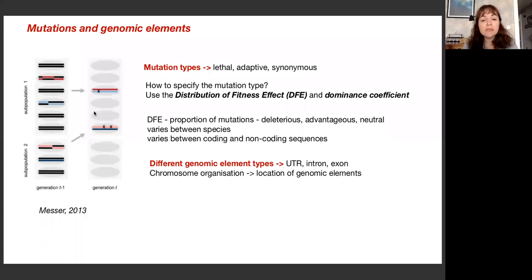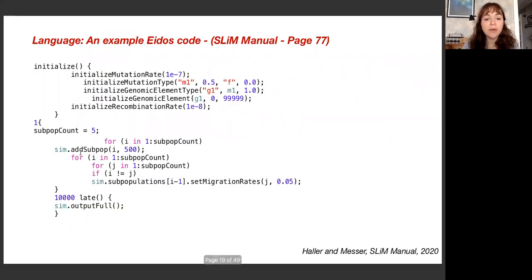And to specify the mutation type in your simulation, if you come back here, so here you specify the mutation type. You say, generate me a type of mutation which is called M1. And then here you give whether it will be fixed or not.